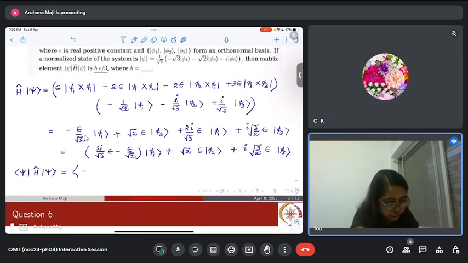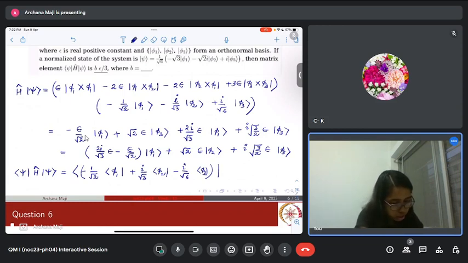When I take the dual vector, we have to keep in mind that we have i here, so we need to change the sign of that term, these two terms. We can't make a mistake there, otherwise the answer will come out wrong. So phi 1, then this becomes plus i over square root 3 phi 2 minus i over square root 6 phi 3.